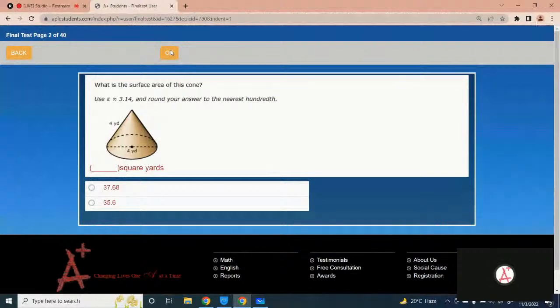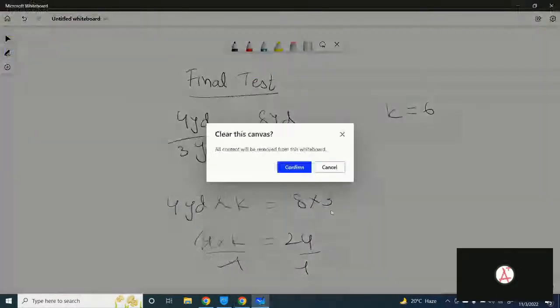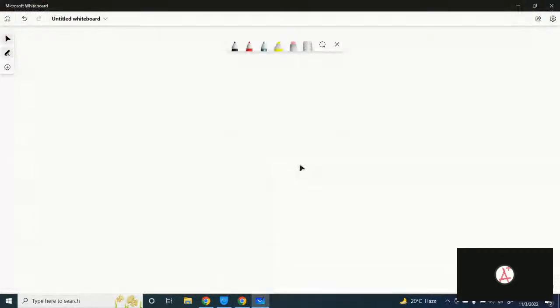So let's see how you can find the surface area of the cone. First of all, you have to find the radius. The radius is half times the diameter. The diameter is 4, so it would be 1 by 2 times 4, which is 4 over 2, and 4 over 2 equals 2. So the radius is 2. Got it? The slant height is 4.